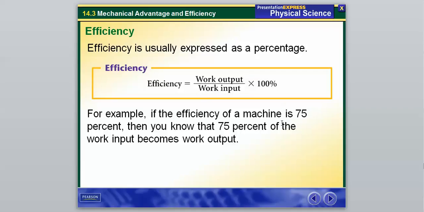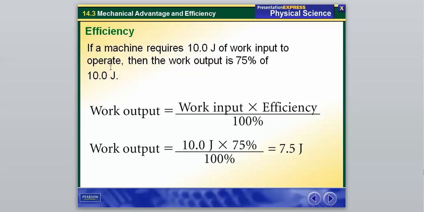It's pretty simple. And the example they're going to give is if the efficiency of a machine is 75%, then you know that 75% of the work input becomes work output. So for our example, if we have our 75% efficient machine, and it requires 10 joules of work input to operate, then the work output is going to be 75% of 10 joules.